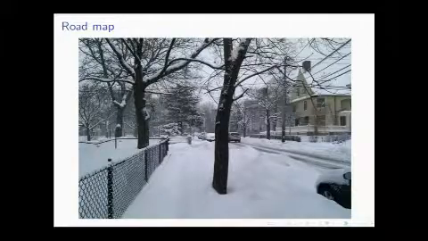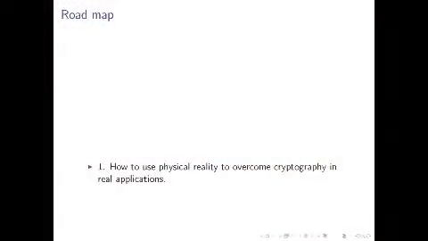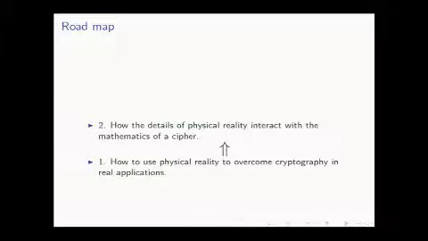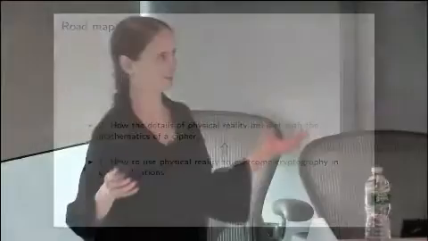So I'm going to start with a roadmap so we know where we're going with this. This is my walk to work. So I'm going to start with an example of how you can use physical reality to overcome an actual crypto system in practice. And from there, I'm going to move on to how the details of this physical reality interact with the sort of mathematical structure of a cipher.